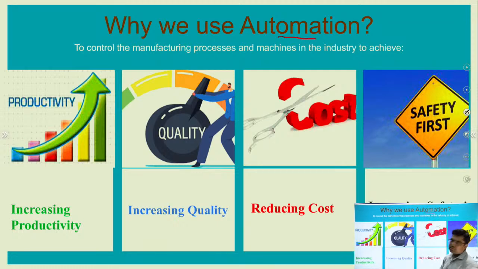Why do we use automation? Automation is used in manufacturing processes in industries to achieve productivity.